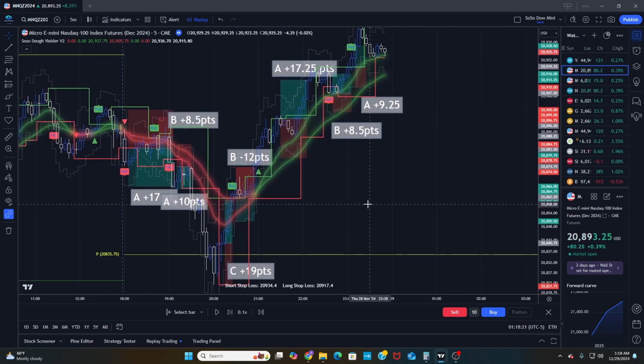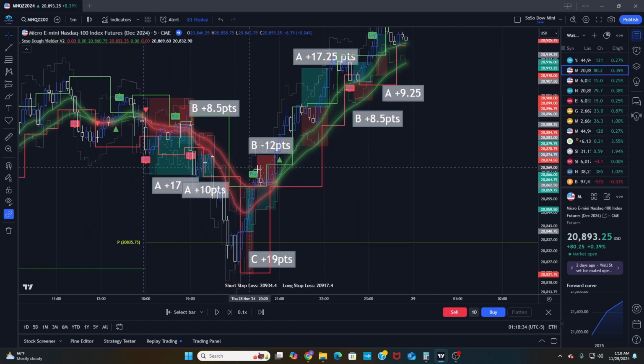So that's it, guys. I'm not saying by any means it's always this good. It just happens to be this time. But the beautiful thing about it is it gives you clear entry points, your risk, all these stop losses. They adjust to price action.